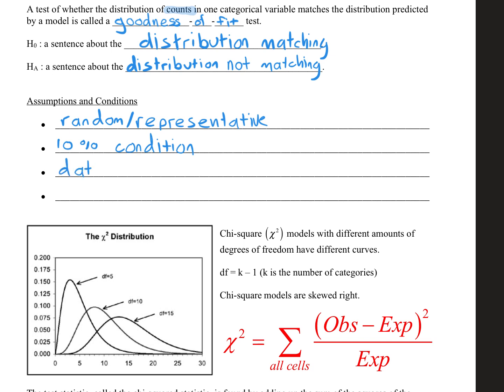And then one of the new conditions is the data have to represent the count of how many times a certain category was chosen. And then another new condition is, so again, the data is going to be in counts, and all of the expected cell counts need to all be at least 5.